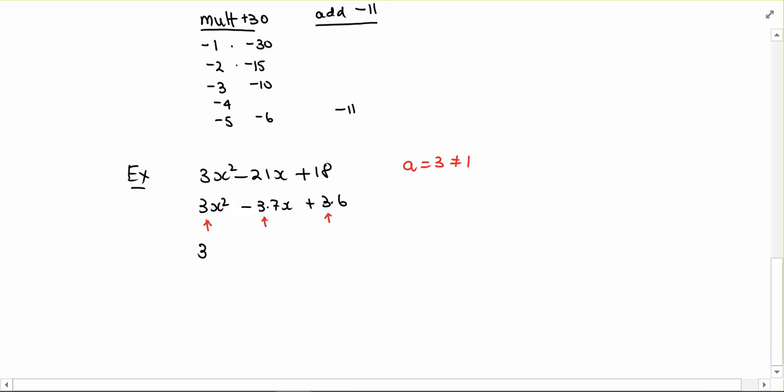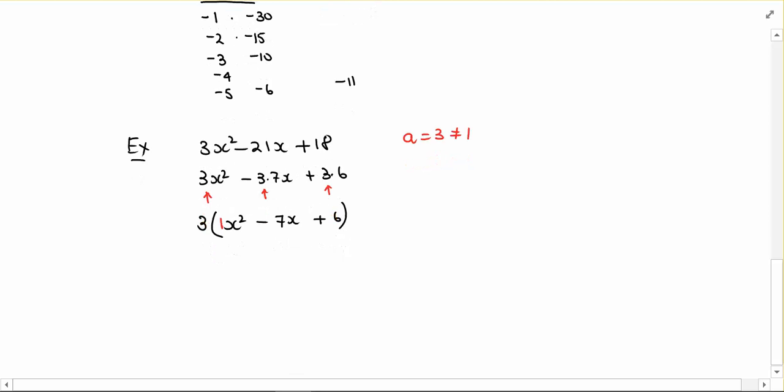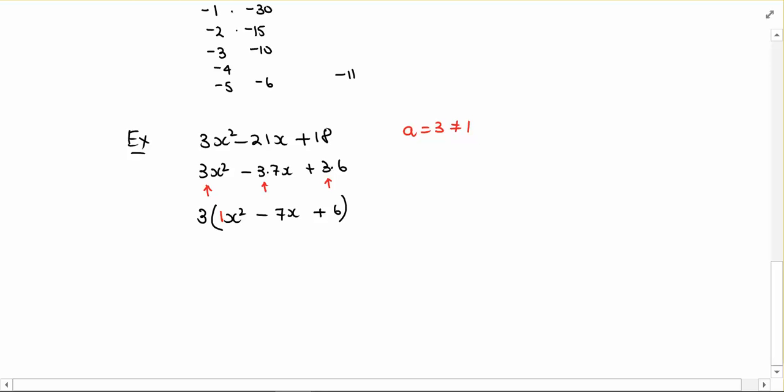So I could take the 3 out, the smallest power, and then I'm left with this, like so. And for this inner problem, a is indeed 1. So now I'm looking for numbers that must multiply to be a positive 6 and add to be a negative 7.